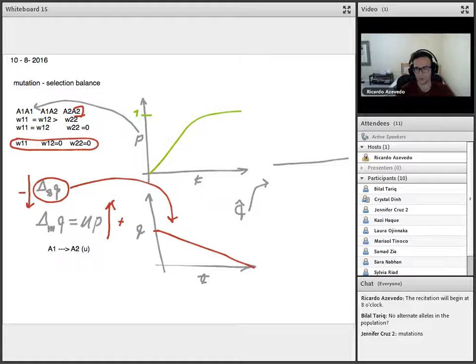First of all, we can have two different situations: where W22 is non-zero, so it's deleterious but not lethal. But in another case, W22, the phenotype carrying both A2 alleles, is lethal.